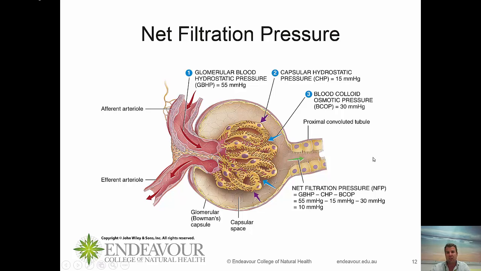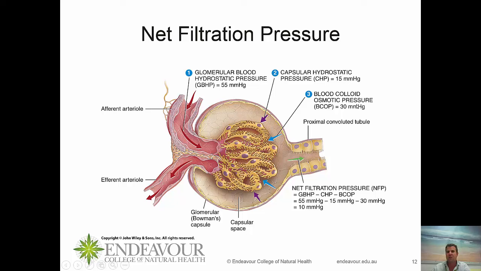But we actually have a hydrostatic pressure in there, and again, that's a water pressure. This is the ultrafiltrate that's within this capsule here. And because there's water in here, it's going to exert an effect, and it actually opposes the hydrostatic pressure, and it's got a value of about 15. So it's minus 15, if you like.